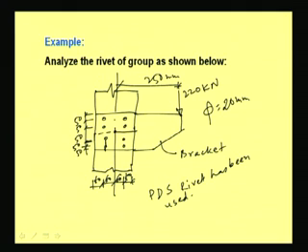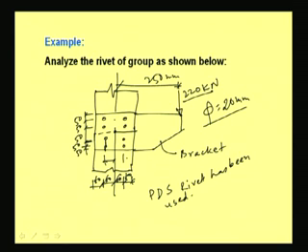Let me summarize once again: a bracket connection is there with 8 rivets, rivet diameter is 20 mm, which is power driven shop rivet, and the rivets are placed in such a way that pitch distance is 50 and edge distance also 50, and this distance is 60 and 60, and it is carrying a 220 kilonewton load with an eccentricity of 250 millimeter.